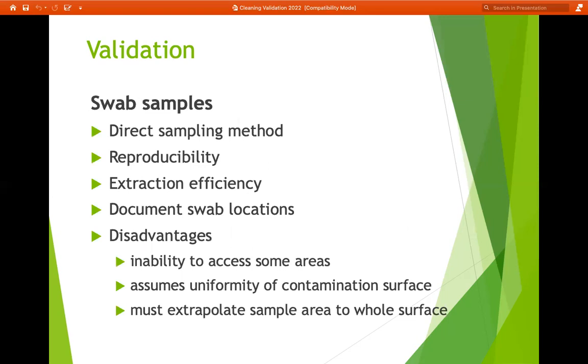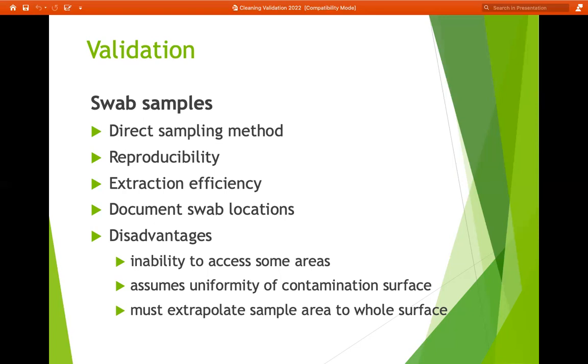Swab sample, direct sampling method: reproducibility and extraction efficiency shall be defined for swab samples. Document the swab locations from where you have taken the swab for testing. Disadvantages: inability to access some areas. That's why I'm saying you have to define the hard to clean parts of the machine, and from there you have to try to take the sample so that the representative sample will give you a realistic result of the cleaning.